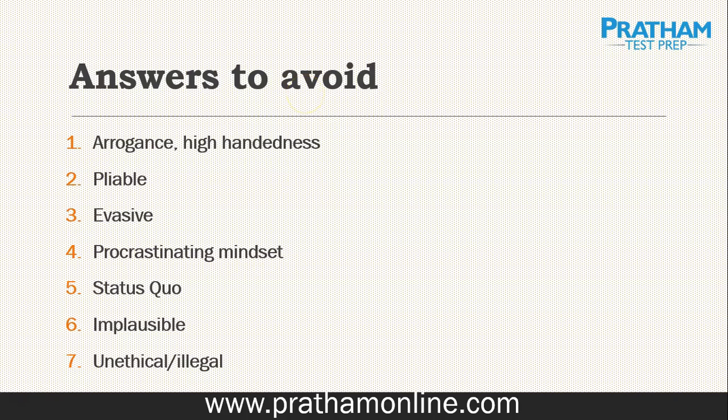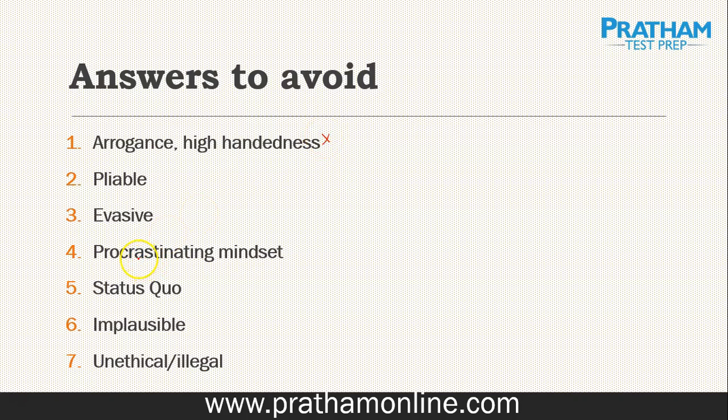Our passages or the caselets would not be looking for arrogance, high-handedness, or any such allied things. They'll be primarily looking for finding a solution with logic, not by arrogance. So avoid taking this as part of your answers.